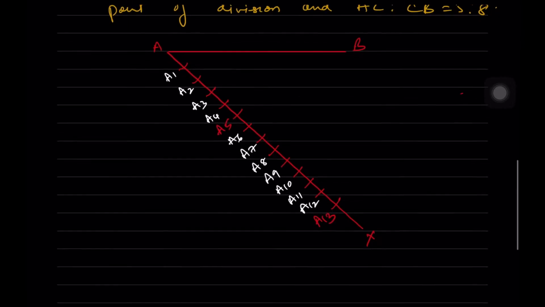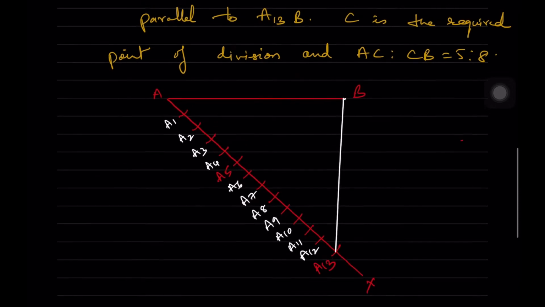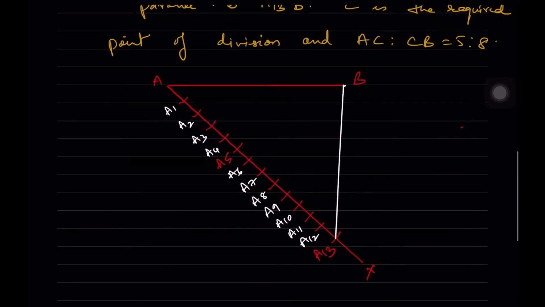A13 we are going to join to B. Now a line parallel to A13B we are going to draw, moving the scale in such a way that it reaches the point A5, and from A5 we draw a line onto AB. Now this is of length 7.6 centimeters that we have drawn first.